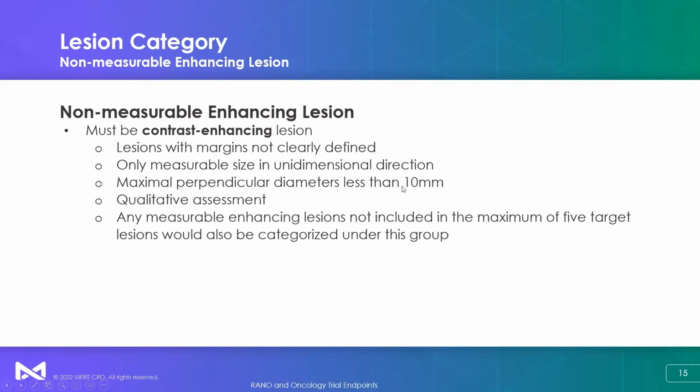So basically any small enhancing lesions, and those will be followed in the qualitative assessment way. And any measurable enhancing lesions that actually met the size requirement but did not get included in those 5 target lesions can go under this group as well.